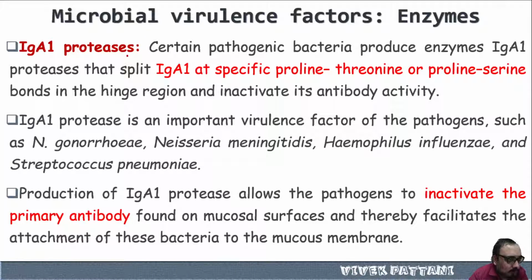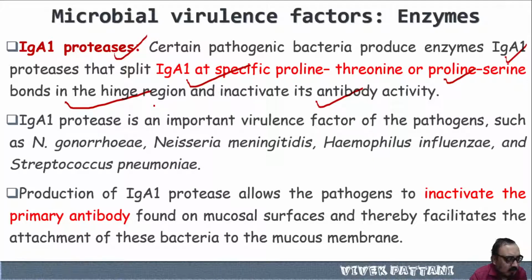Now moving forward with the IgA1 proteases. Certain pathogenic bacteria produce IgA1 proteases that split IgA1 at specific proline-threonine or proline-serine bonds in the hinge region and inactivate its antibody activity.